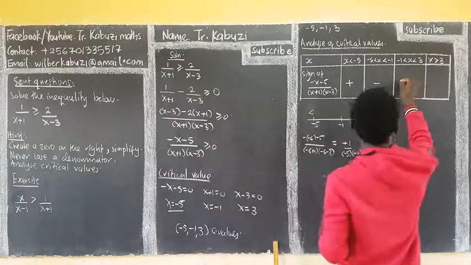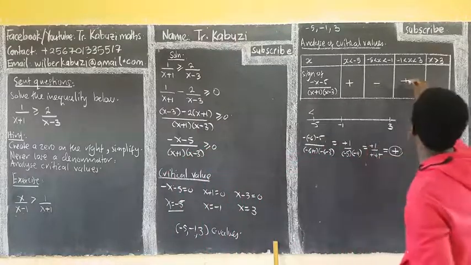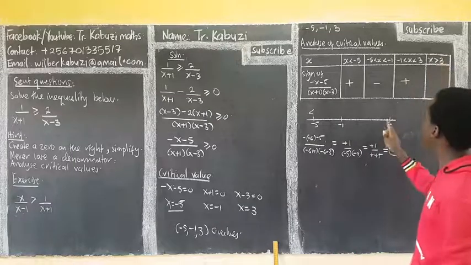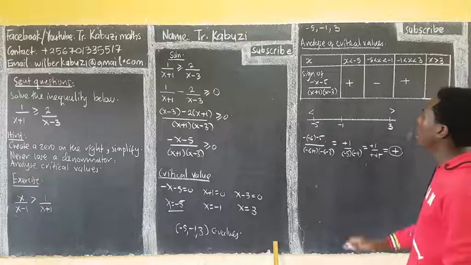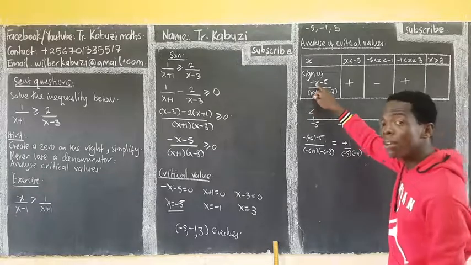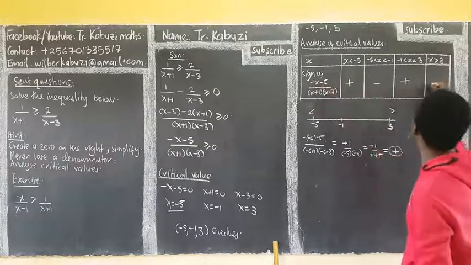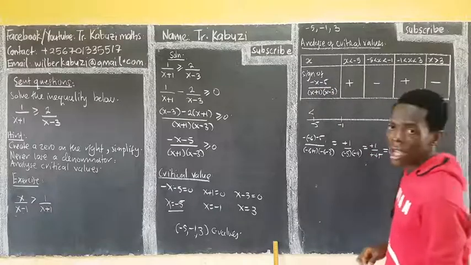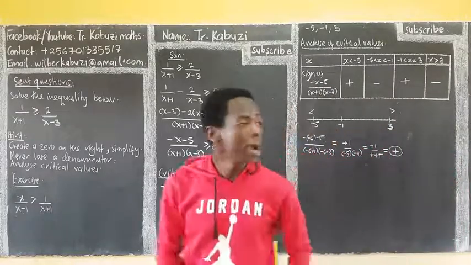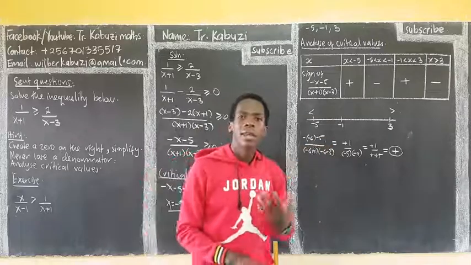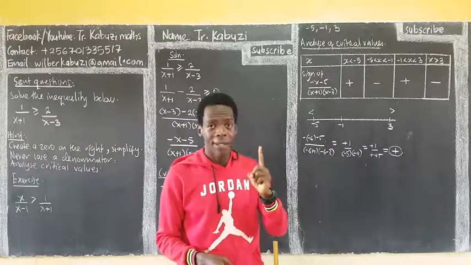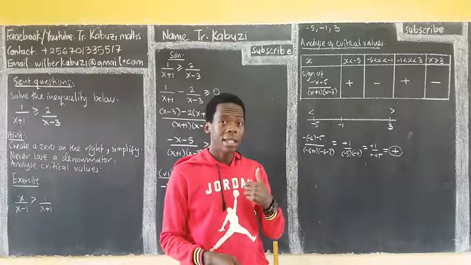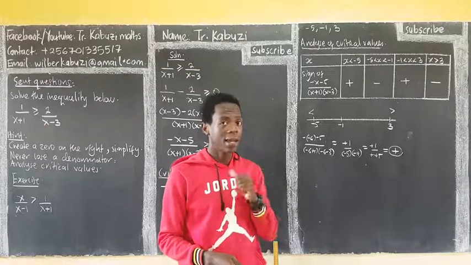Then when I put in a value above 3, you see we have 4, 5, 6, and so on. When you put that value here, I'm going to get a negative, I'm sure. Now, how do I know the signs? If you are in inequalities, specifically inequalities, don't apply this knowledge in the curve sketching that I'm giving you.